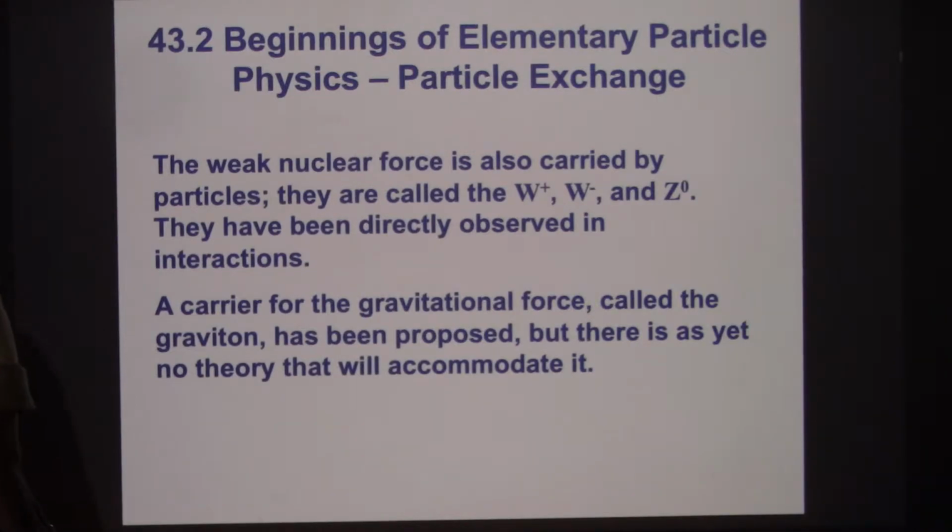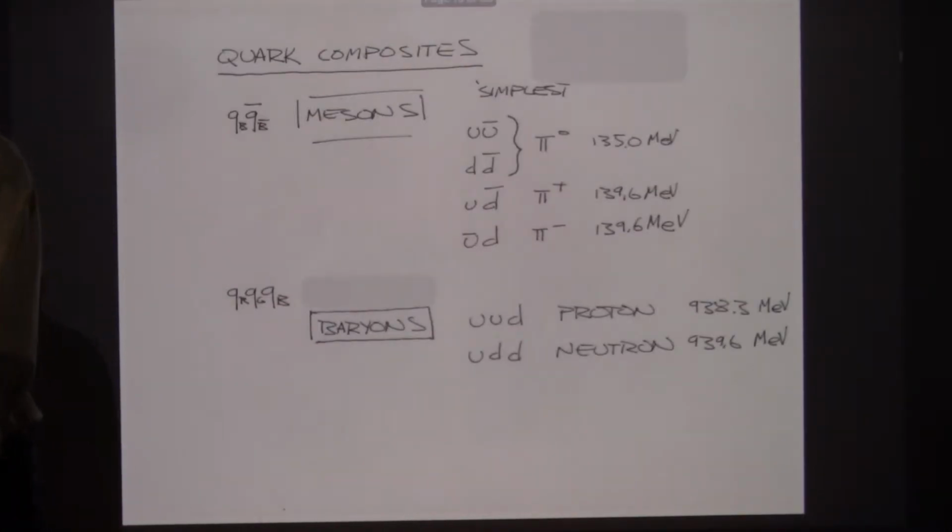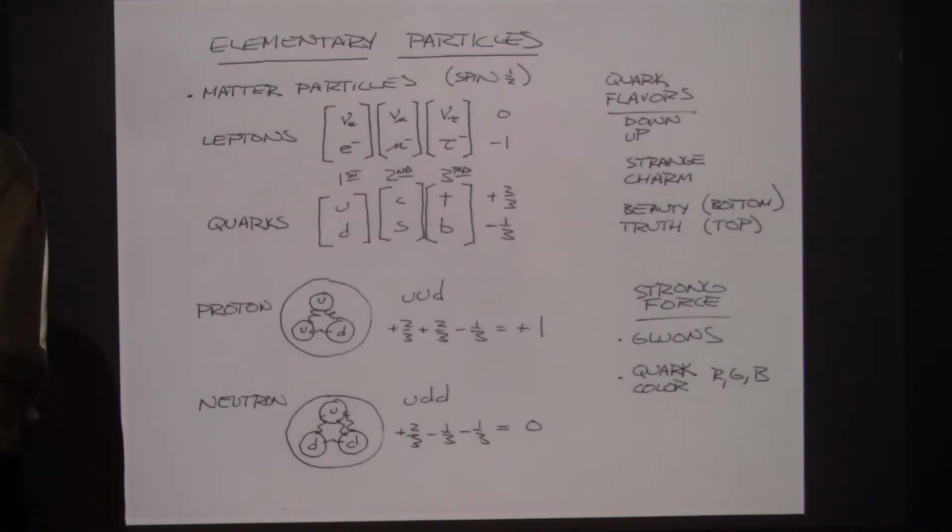A lot of the formulas we're using are actually coming from earlier chapters, and what we're doing is applying them to this new list of fundamental particles that we've learned about in this chapter.